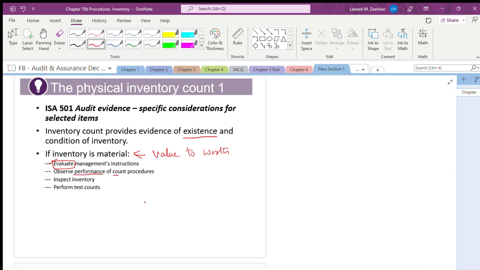What are the count procedures? How the staff is doing, understand the point?